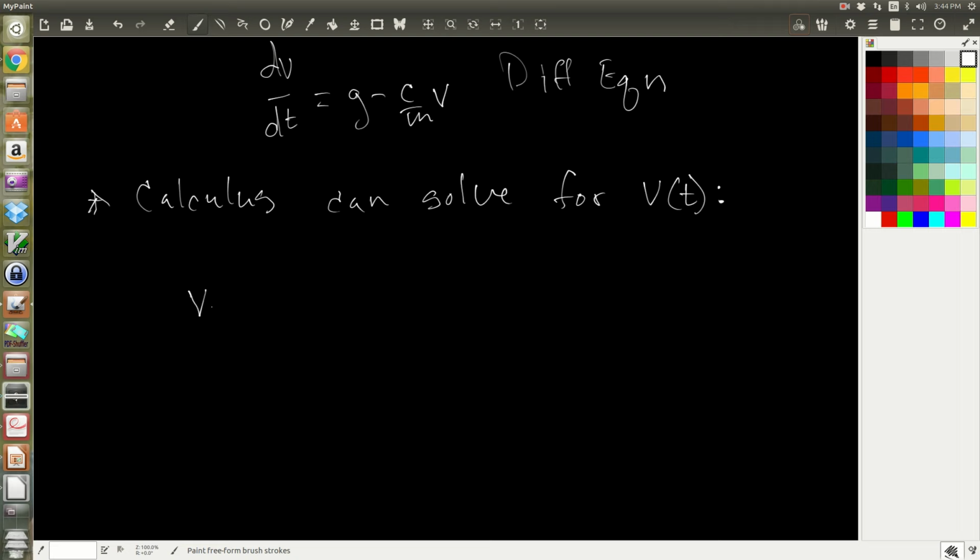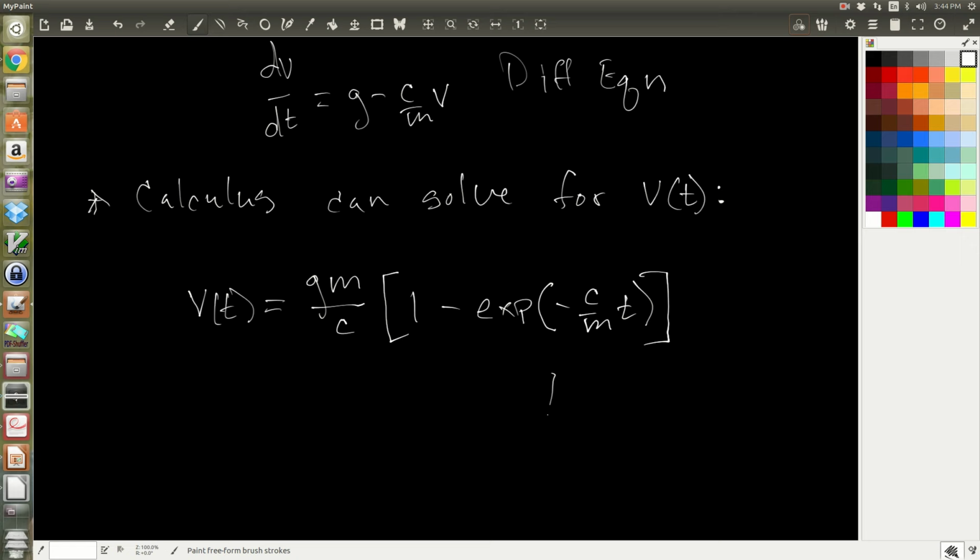We have v of t equal to g times m over c times 1 minus the exponential of minus c over m times t.